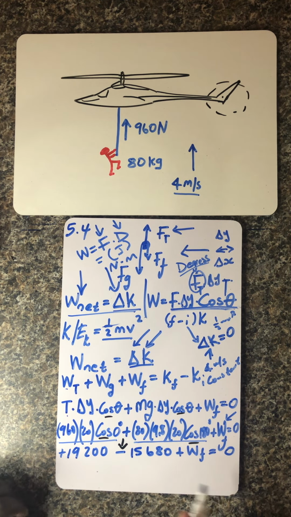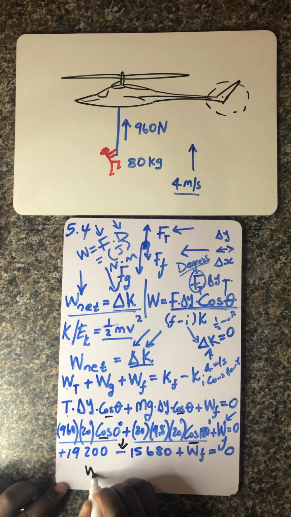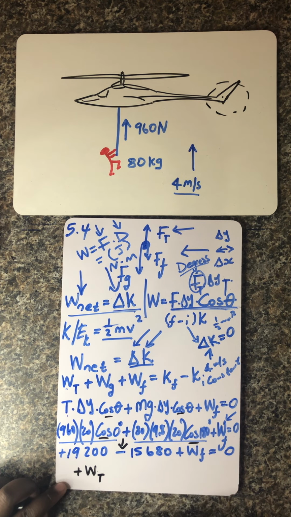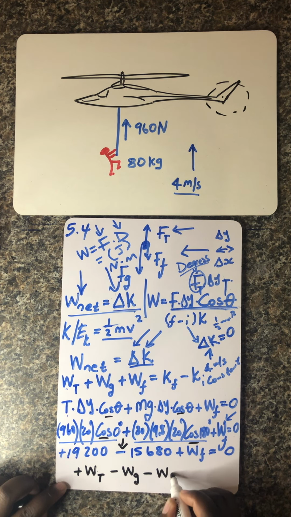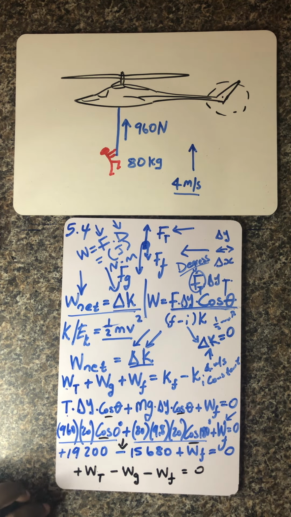So, ladies and gentlemen, because we know work net is equal to that, we know work as a result of tension is acting upwards, and we've got two forces acting in the opposite direction, which is minus work as a result of gravitational force minus work as a result of frictional force. All of this is equated to 0.